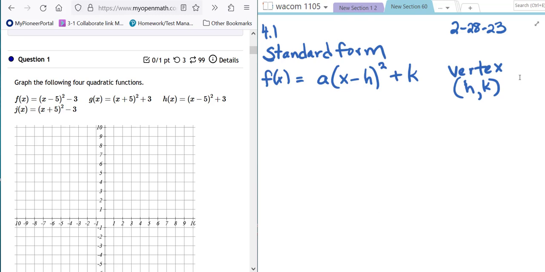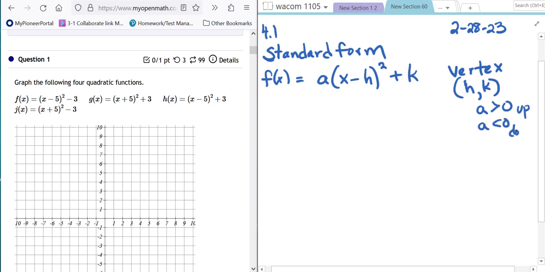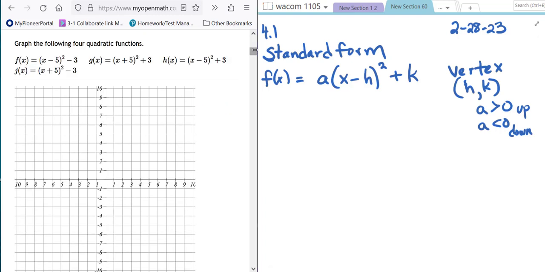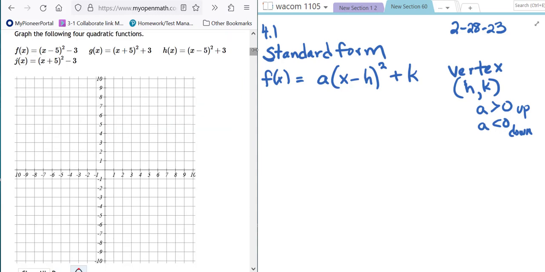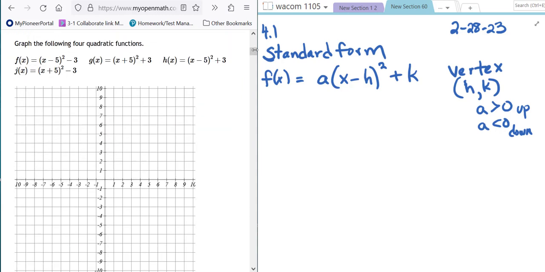If a is positive, it opens up. If a is negative, it opens down. So a greater than 0, it opens up; a less than 0, it opens down. That is helpful information which you will want to know. You could look at this as transformations, or you can look at it with the vertex and a point.